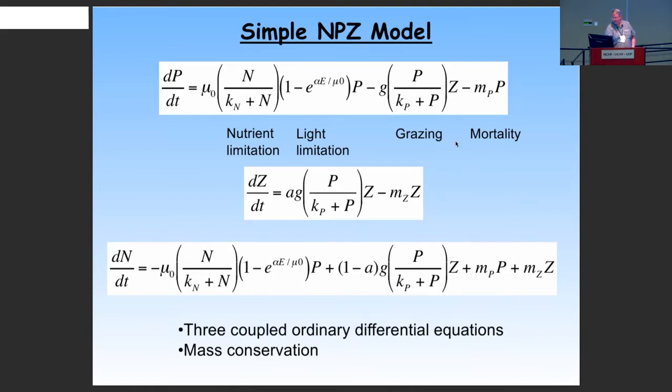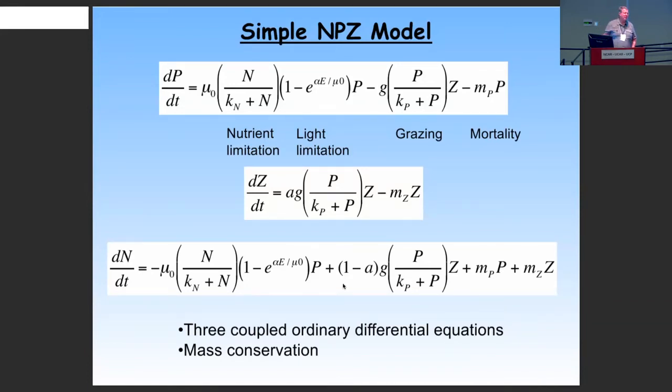And this mortality term goes back into the nutrient pool. And some of the grazing goes back into the nutrient pool as well. This is a system of 3 ordinary differential equations. And every loss term has a corresponding gain term, so it is conservative. Total mass in the system is conserved.